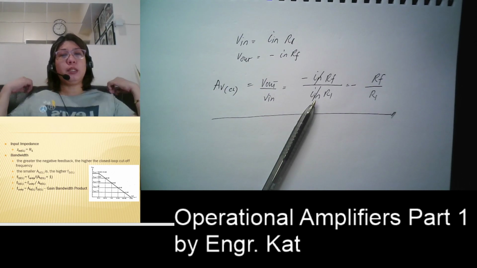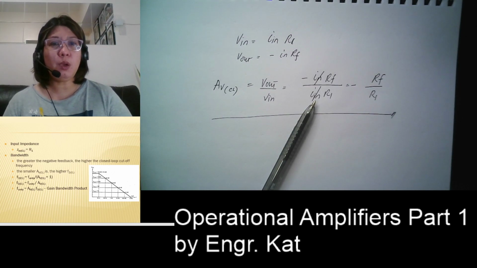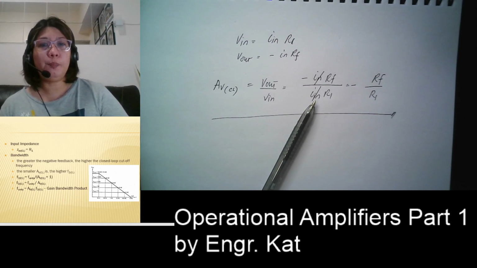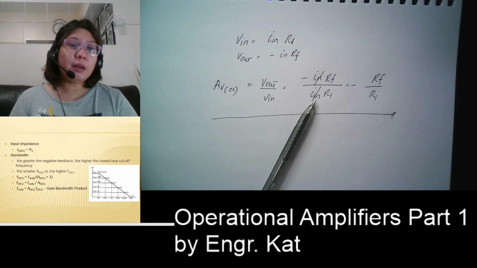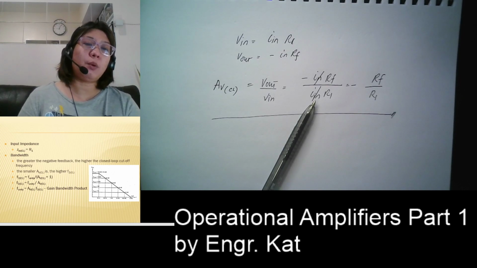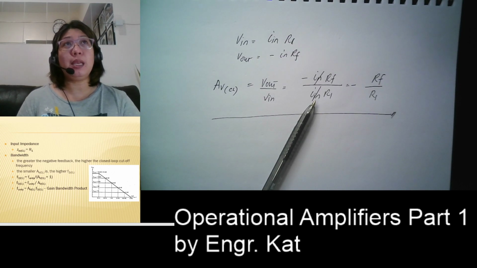As you can see, if your voltage gain is very high, you have a lower cutoff frequency. But as your gain decreases, your F2 likewise increases. So technically, it is a trade-off.